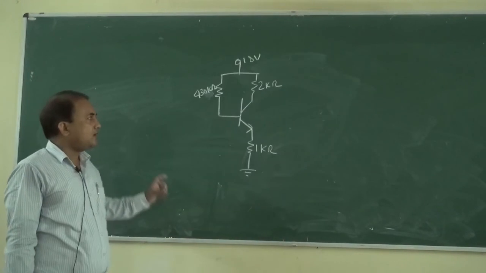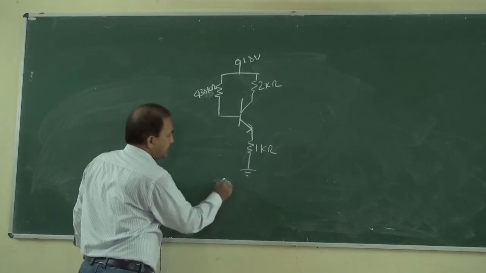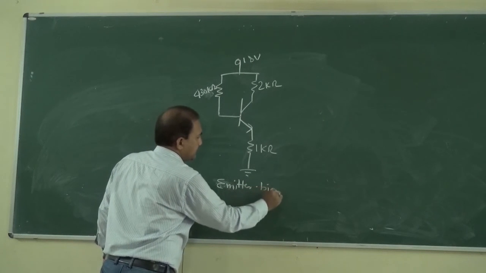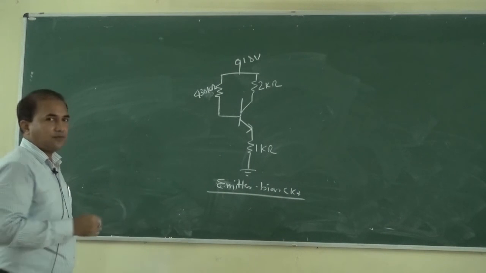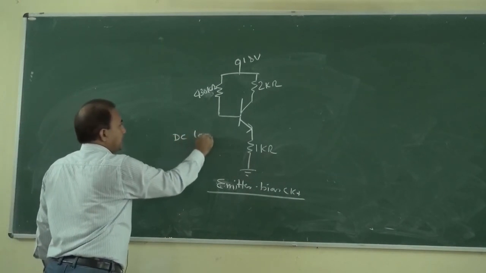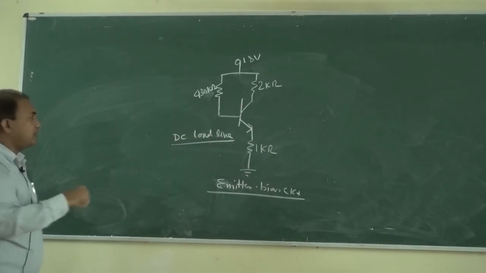Now we will see another case. This is the emitter bias circuit, and for it we have to draw the DC load line. How can we plot the DC load line?